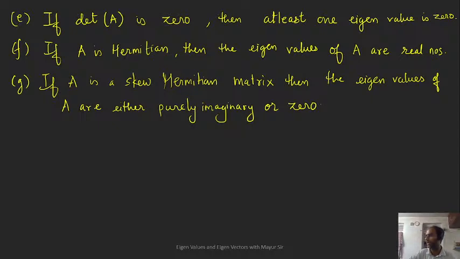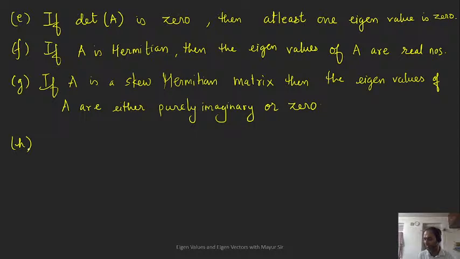This is how they are. Okay, now from all these, because of Hermitian and skew Hermitian, now we can write about something. These are very important, E, F, G, H.